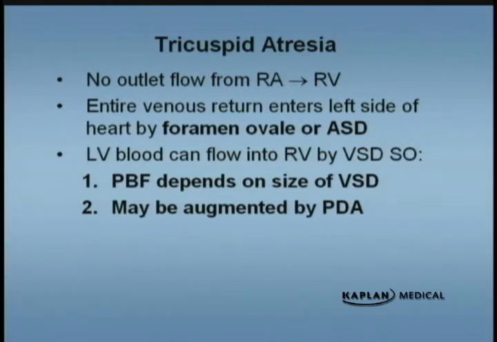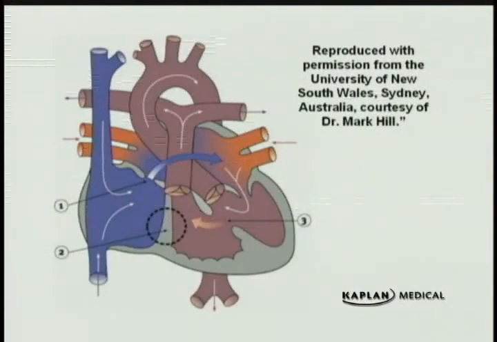So go back to the drawing of the fetal circulation and you can work this out. We're going to show you here what happens. If you have a tricuspid atresia, there is no blood flowing from the right atrium to the right ventricle. So blood needs to actually go across a patent foramen ovale or an ASD. That way it gets into the left atrium. And from the left atrium, it can go into the left ventricle.